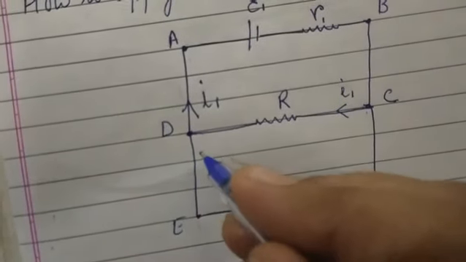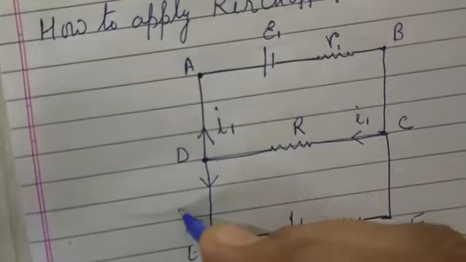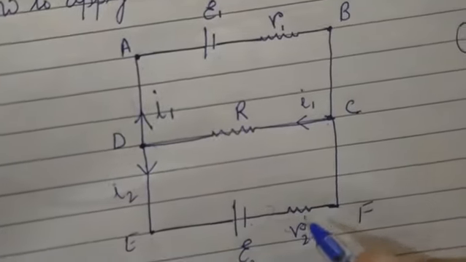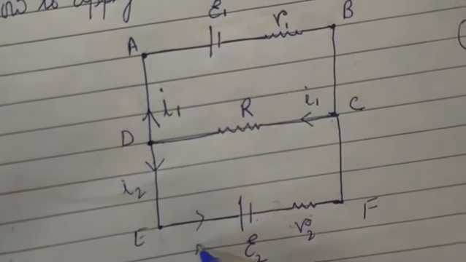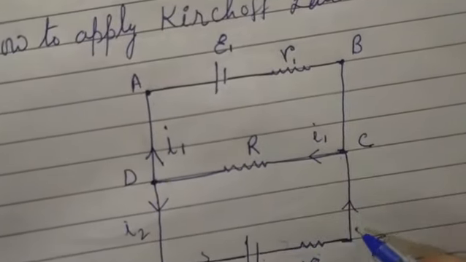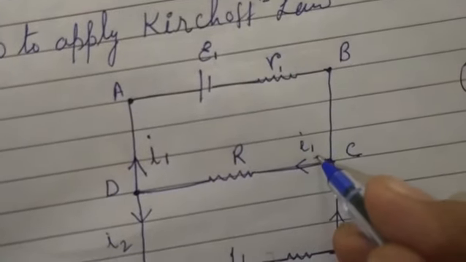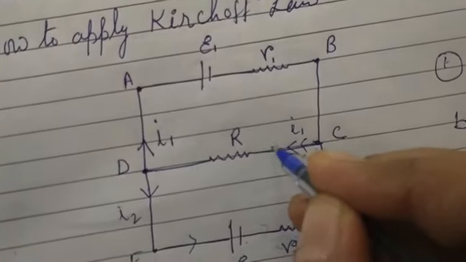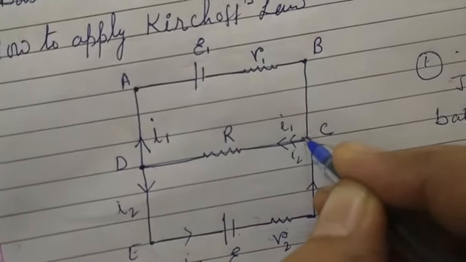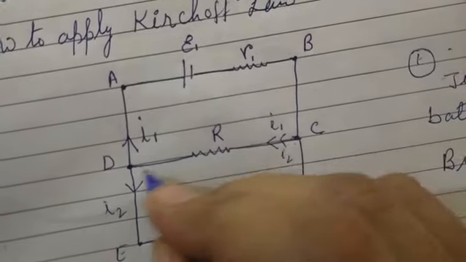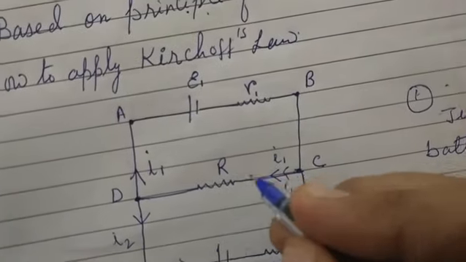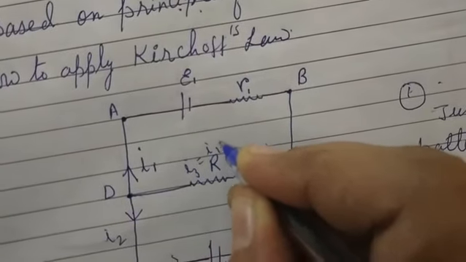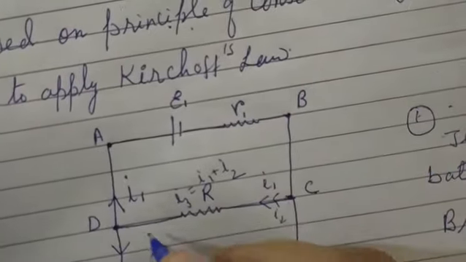Now if I2 is moving downward from the junction, here also I2, and here also it reaches I2. From C to D branch, how much current is flowing? I1 plus I2. So let this I3 be equal to I1 plus I2.